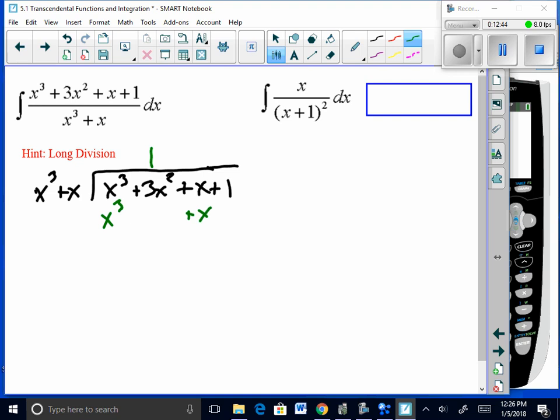And then in elementary, what would you do next? Subtract. I heard it over here. You would subtract it off. So I'm going to subtract that.